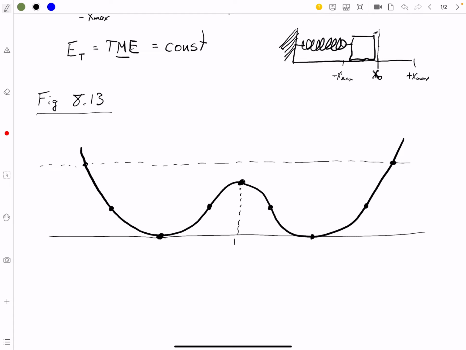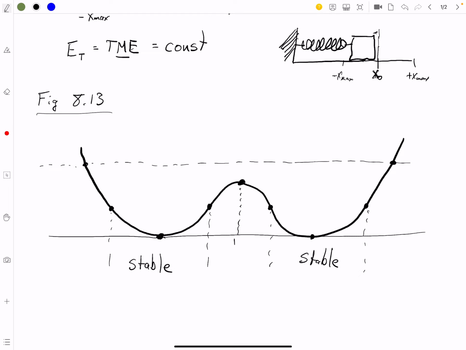So this region is what we would call stable. Okay? Same thing goes over here. So we've got two stable regions.